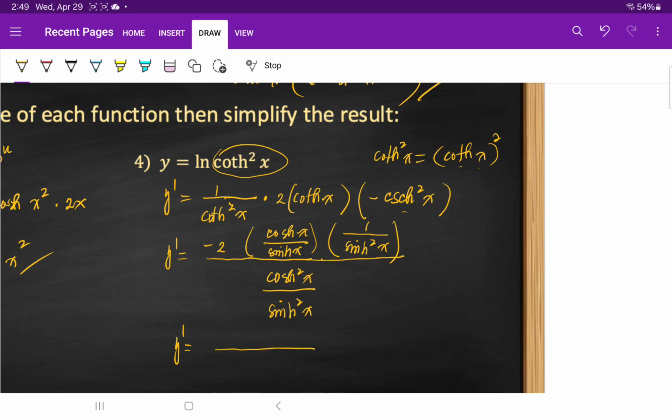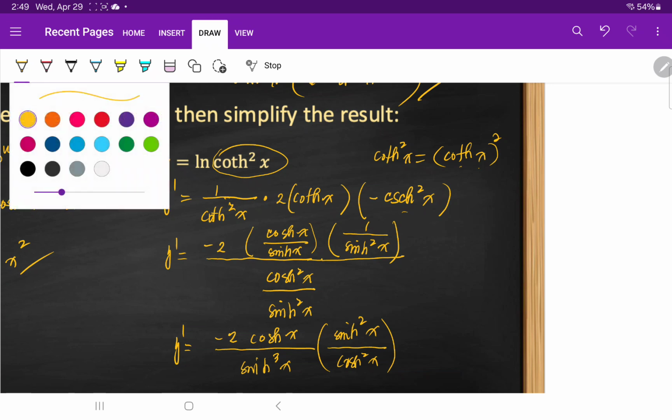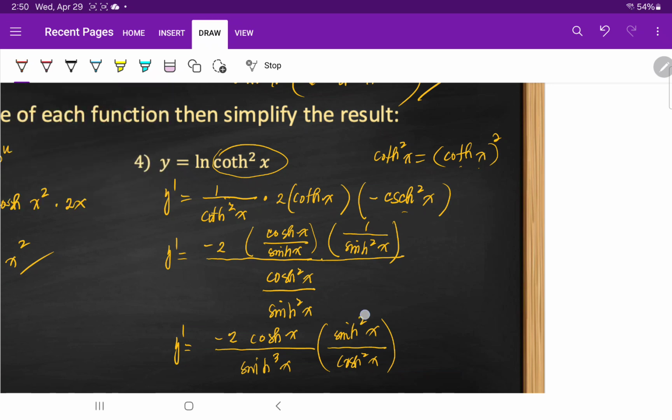So what's our numerator now? Negative 2 hyperbolic cosine x over hyperbolic sine cube of x. And the reciprocal of the denominator is over hyperbolic cosine square x. So this cancels out with this one and this one too. So what's left in the numerator?